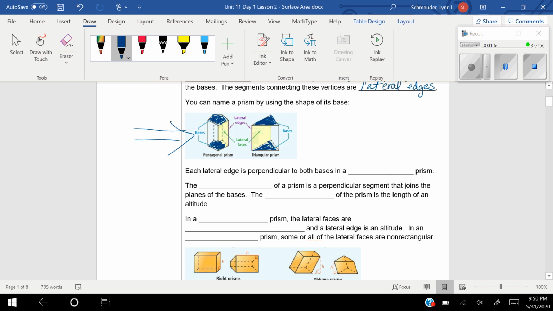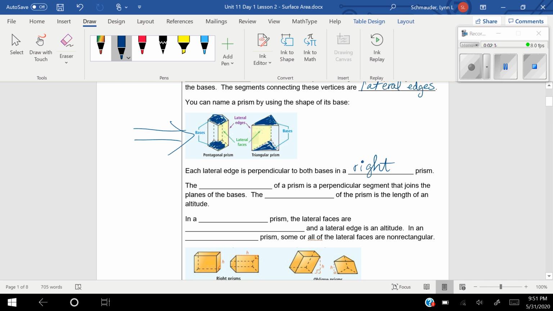Each lateral edge is perpendicular to both bases in a right prism, and we are only going to deal with right prisms. I'm going to show you some oblique prisms, but really all the problems we're going to work are going to be on right prisms, so don't worry too much about that.